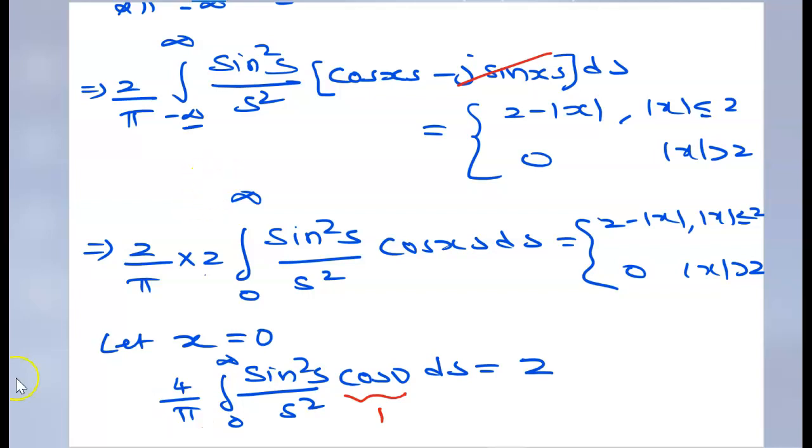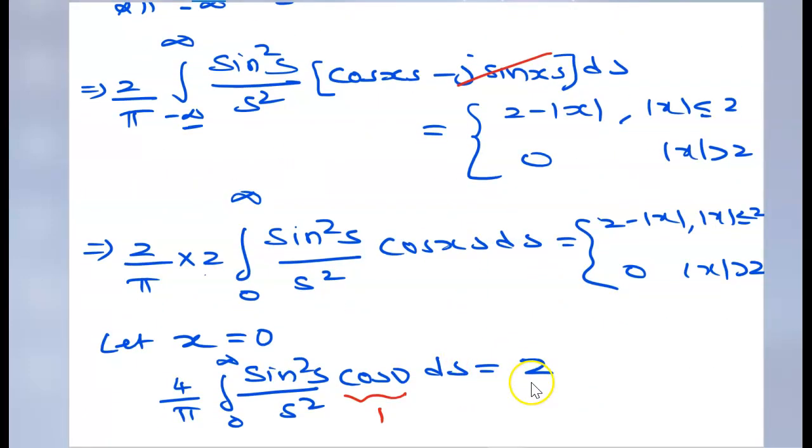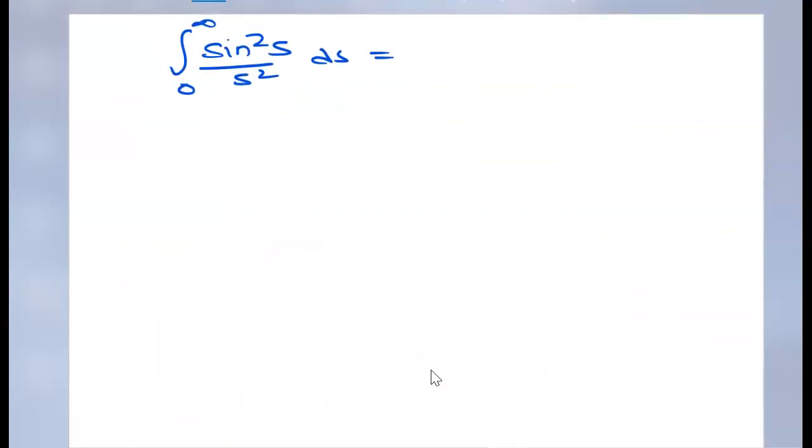So let me go to the next page and complete this problem. I have the integral over 0 to infinity of sine squared s divided by s squared ds equal to 2, and this 4 by pi I am taking to that side, so it becomes pi by 4.